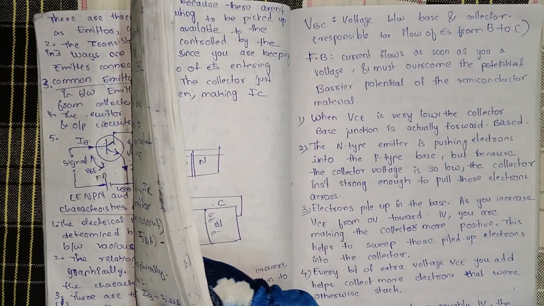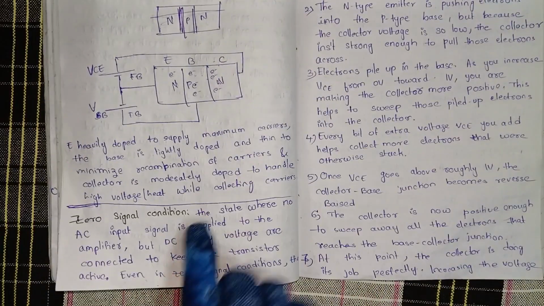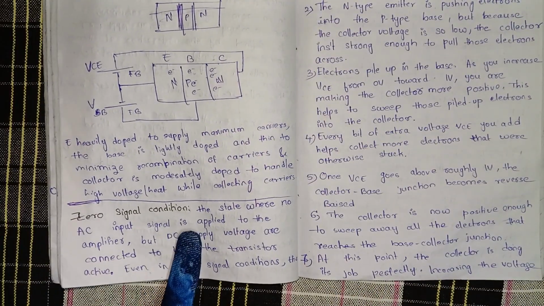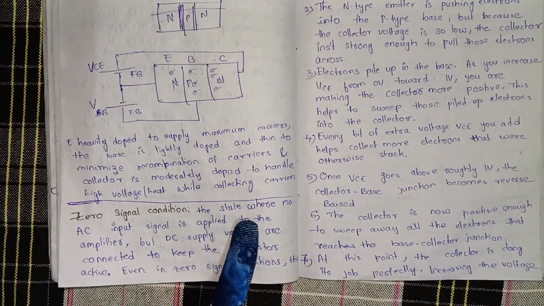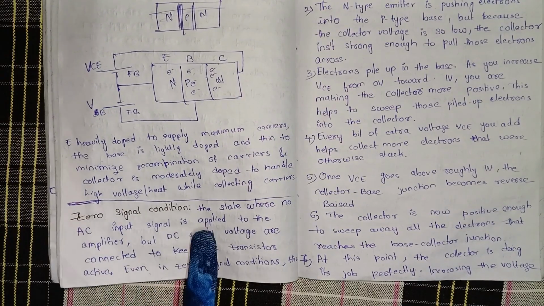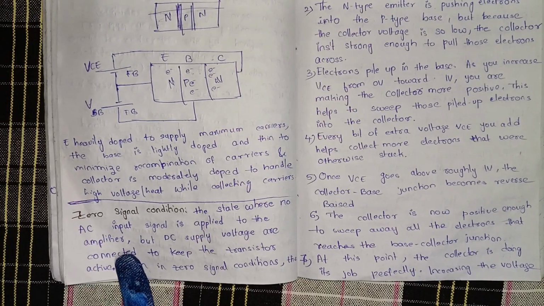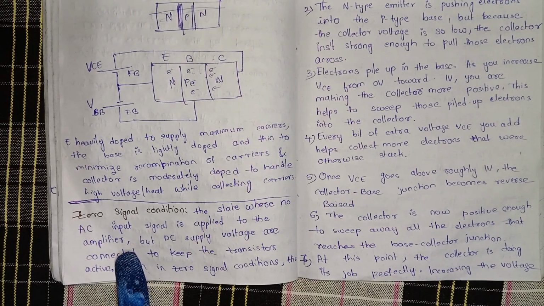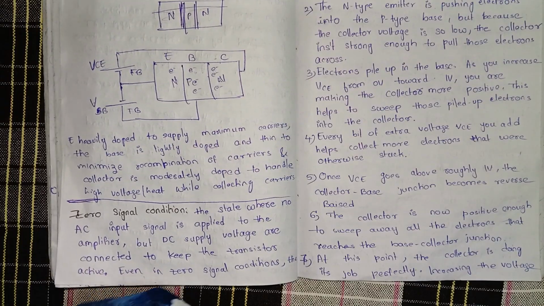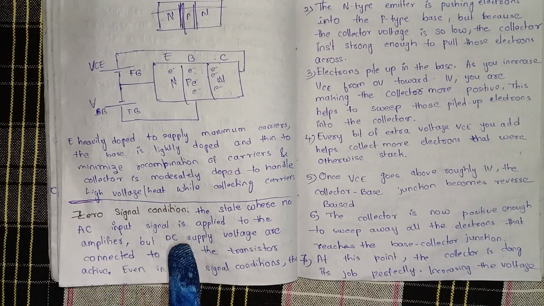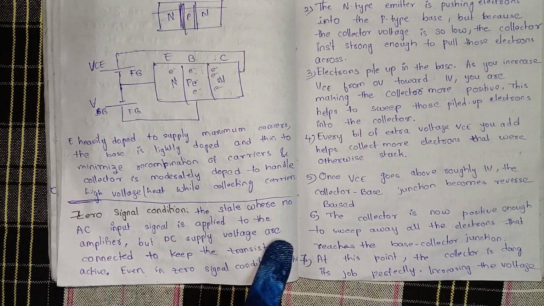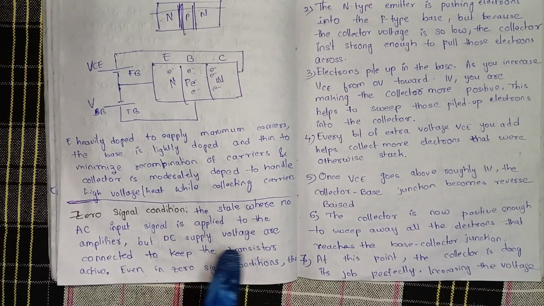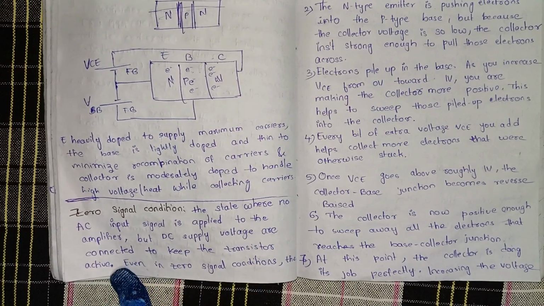Zero signal condition means no AC input signal is applied to the amplifier, that is, the transistor or BJT, but the DC supply voltages are connected to keep the transistor active.